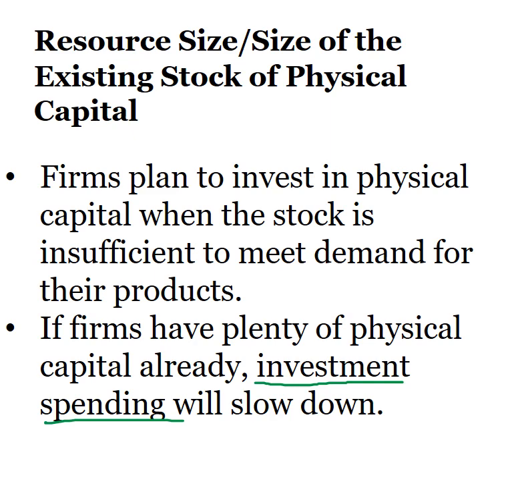And if investment spending goes up, aggregate demand would shift to the right. So if you have enough physical capital, your investment spending goes down, AD shifts left. If you don't have enough current physical capital, if you need more resources, investment spending would increase and AD would shift to the right.